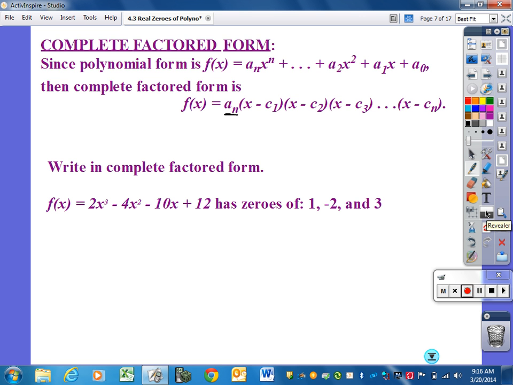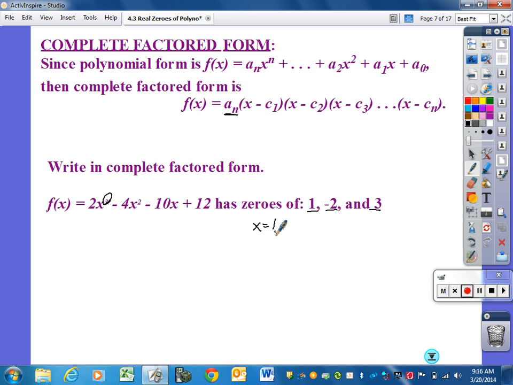We have 2x cubed minus 4x squared minus 10x plus 12. I told you it has 3 zeros. Since it is cubed, we should know it should have 3 zeros. The degree should match the number of zeros. So let's take our 0, x equals 1.